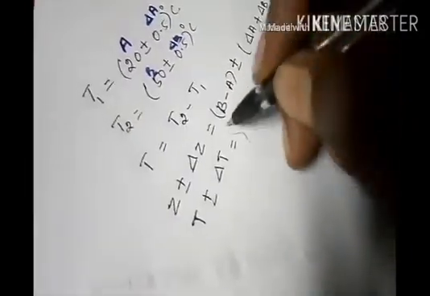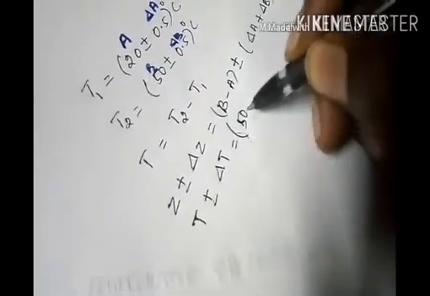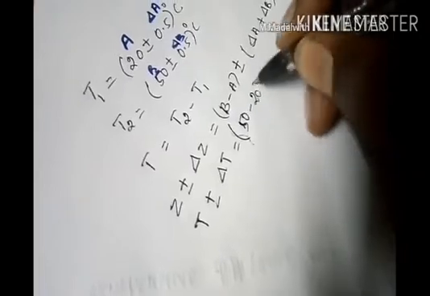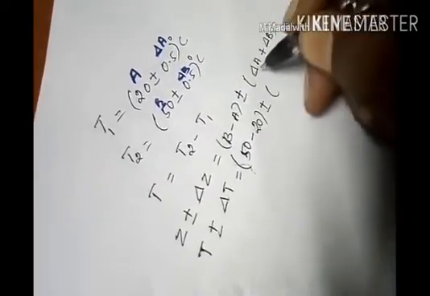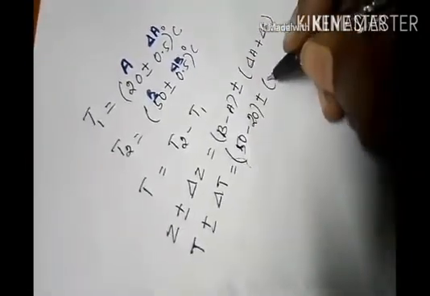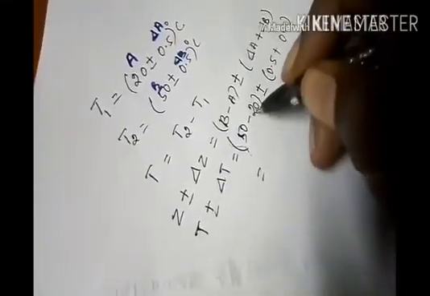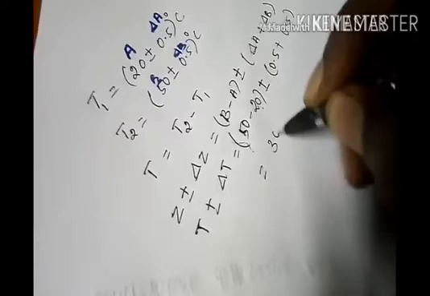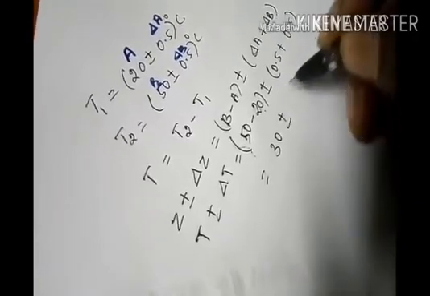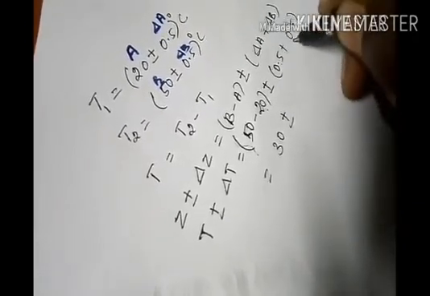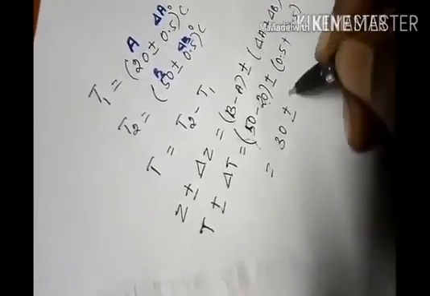Okay, so using the formula: B value is 50 minus A value is 20, plus or minus delta A value is 0.5, delta B value is 0.5. So 50 minus 20 is 30, plus or minus 0.5 plus 0.5, the value is 1.